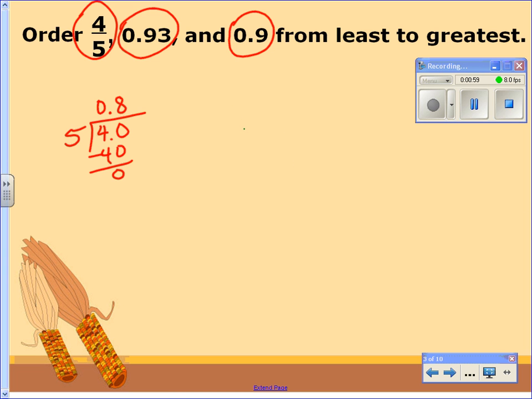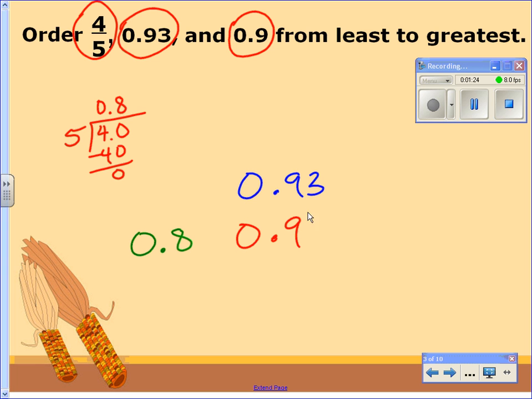So now I have three different numbers. I have 0.8, I have 0.93, and I have 0.9. And I have to put those in order from least to greatest. So the least is obviously 0.8, because 8 is less than 9. So 0.8 is first. Then 0.9, because 93 is bigger than 90.